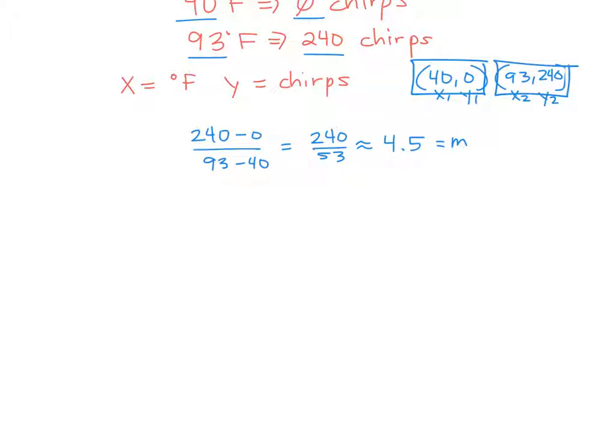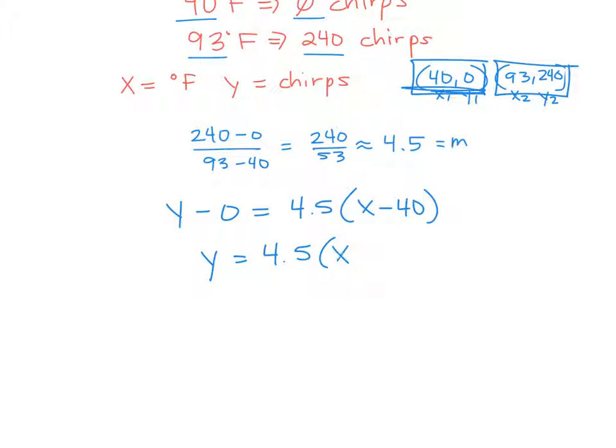It's just going to be much bigger numbers. So I would pick this one, which means you have y minus 0 equals 4.5 times x minus 40. Y minus 0 is just y. So in point slope form, it would look like this.